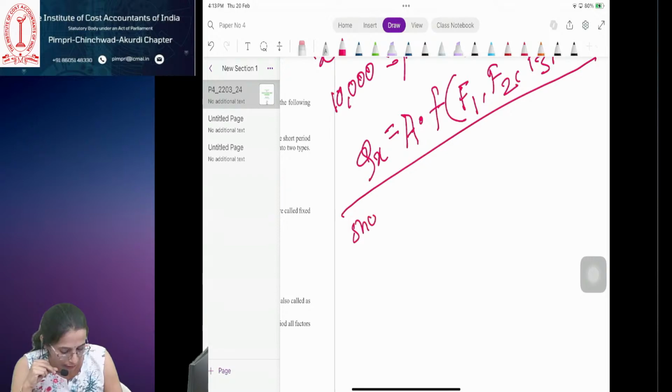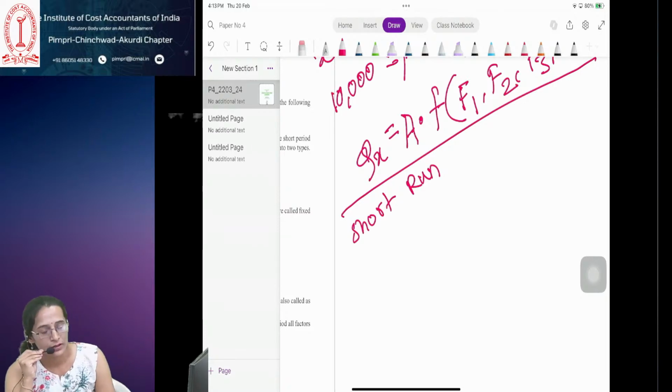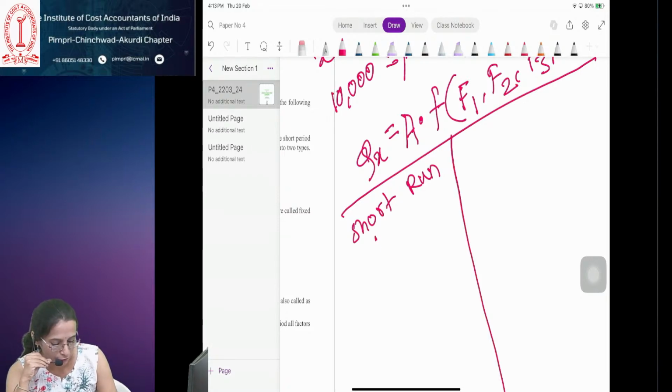In the short run, what will happen? Suppose the short run is a period of 1 year, and the long run is a period of 15 years.